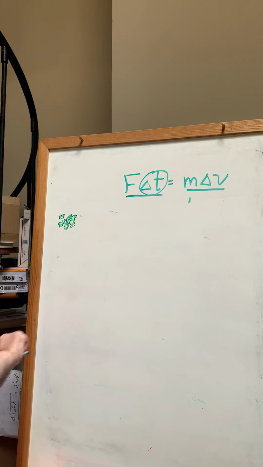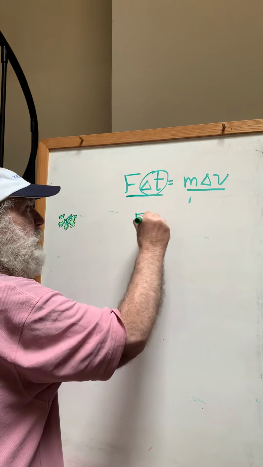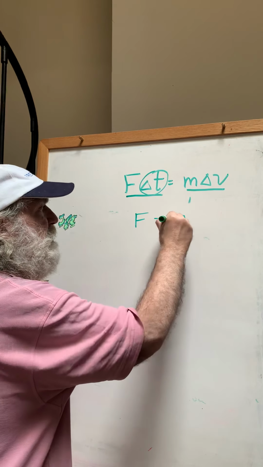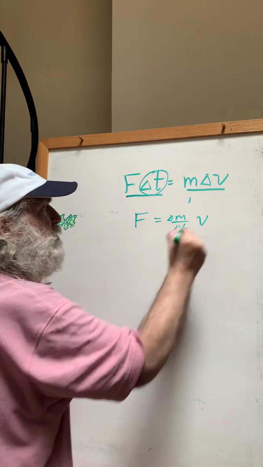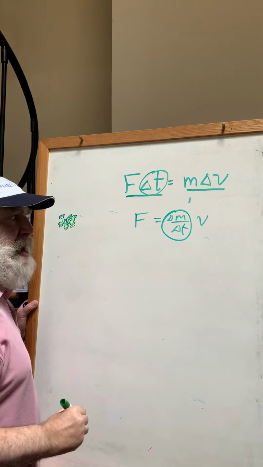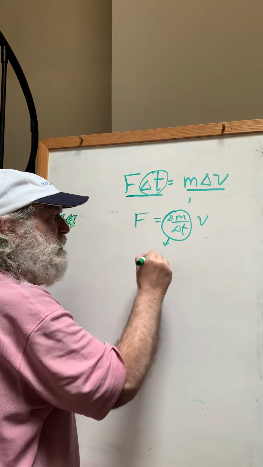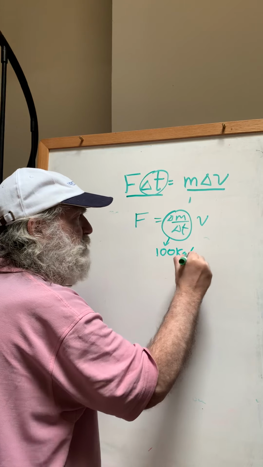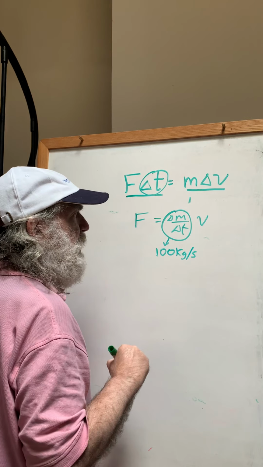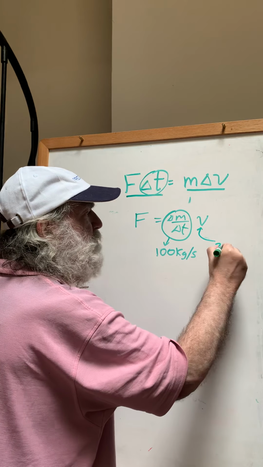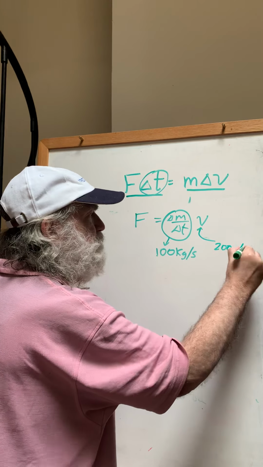Now let's put the delta t with the mass, so we get that the force equals m over delta t, and I can say change in mass, times exhaust velocity. So here's the rate at which mass is being consumed by a rocket. Let's say that it's 100 kilograms of fuel per second, and the velocity, we'll say, is 200 meters per second.